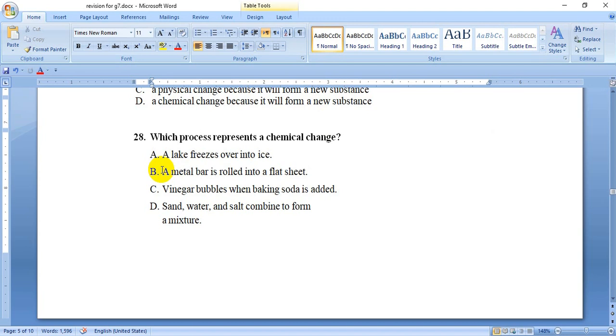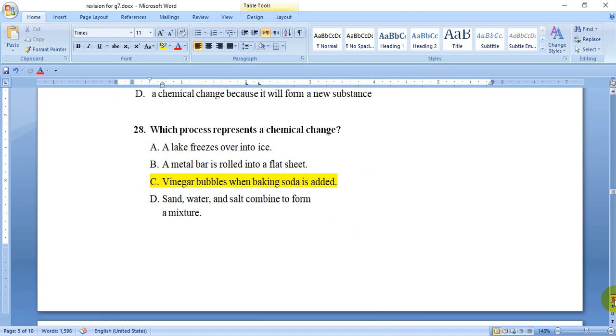Which one here will make a new substance? Yes, the vinegar with the baking soda. And we have a sign here for chemical change, bubbles. Do you remember when we said that we have signs for chemical change, like releasing bubbles, light, sound, heat, or changing in color? They all are signs for chemical change. So we're going to choose letter C, vinegar and baking soda.